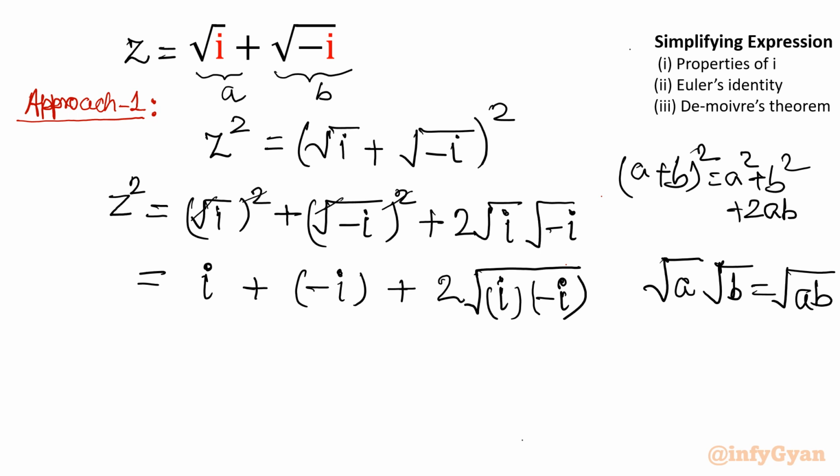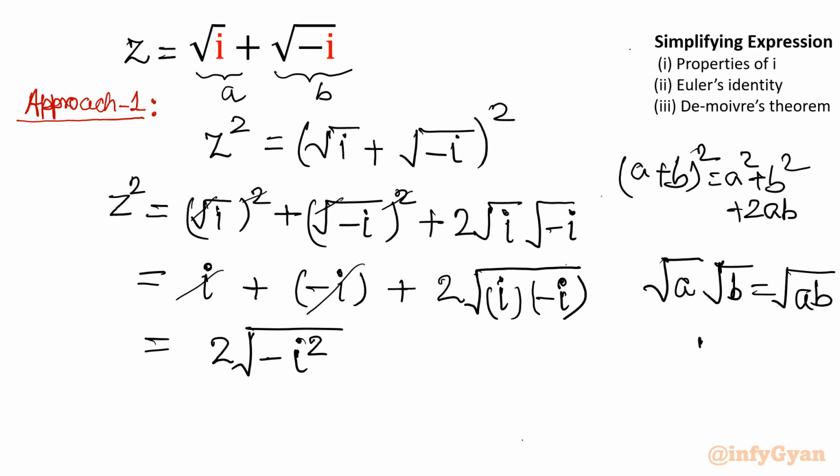Now you can see the first two terms will be 0. So let me write 2 square root of minus i times i, so minus i square.